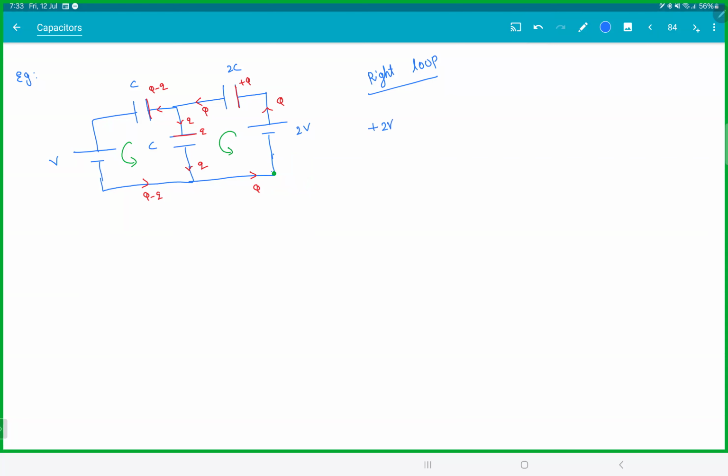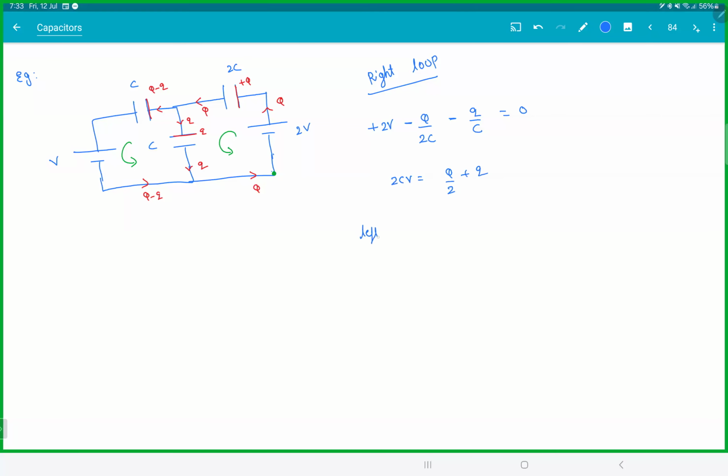Then I'm going from positive to negative plate of a capacitor, the potential will drop, minus q by 2C. Potential across the capacitor is charge by capacitance. Then I'm going down here, again from positive to negative plate, minus Q by C equal to 0. So this gives 2CV is equal to q by 2 plus Q.